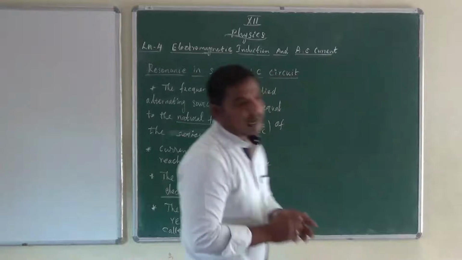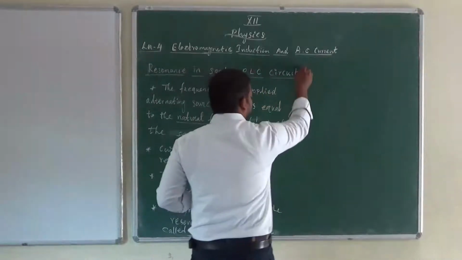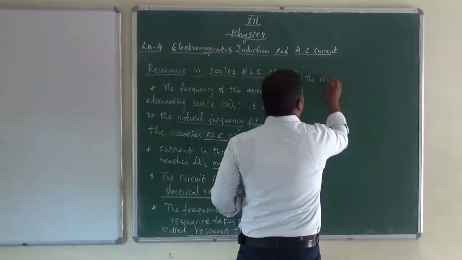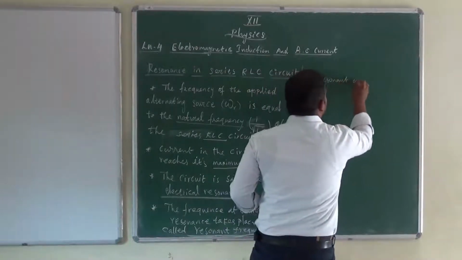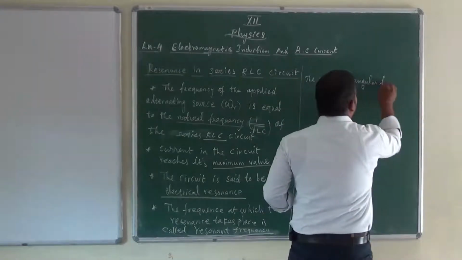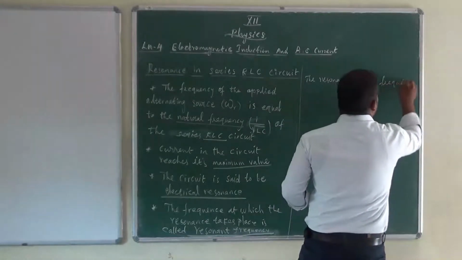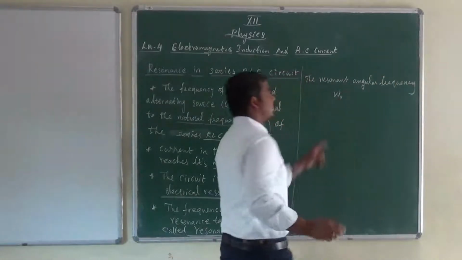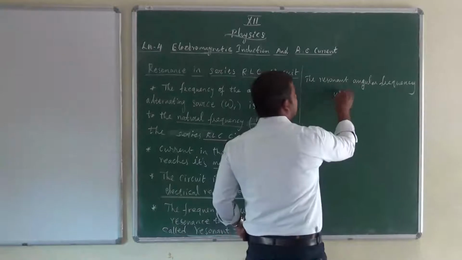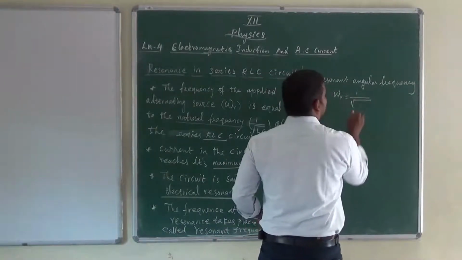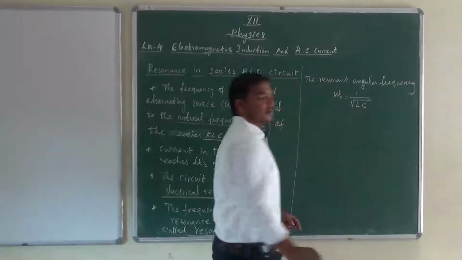So the resonant angular frequency is represented by omega R. It is not W, it is omega R equal to 1 by root of L into C. What is that?